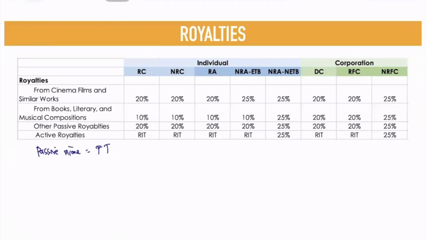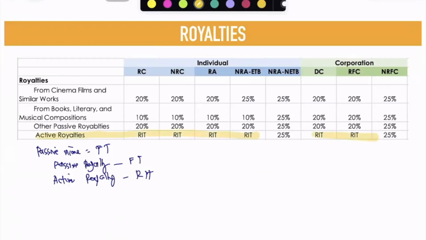So pagka passive royalty yan, then final tax. Pero if ever it is an active royalty, then RIT. Kaya pansinin nyo dito, active royalties, RIT siya. Pero lagi niyong tandaan na pagka NRA and ETB at saka NRFC, laging 25% yan.